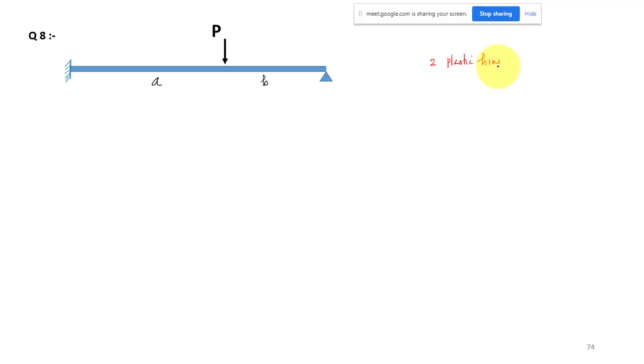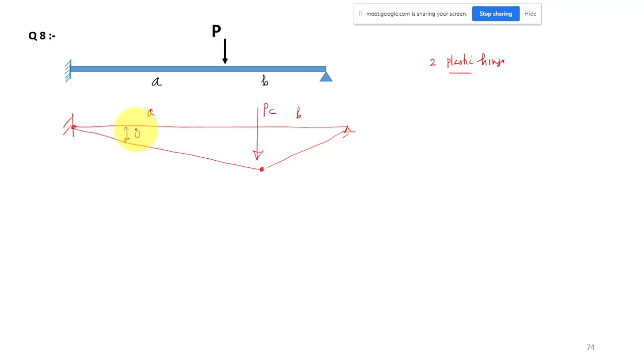Let us apply the kinematic theorem. This will be the first plastic hinge, and the second will be at the point of action of your load, maybe somewhere here. This is my load PC, this length is A, this length is B, and here this is theta 1, and this is also theta 1.